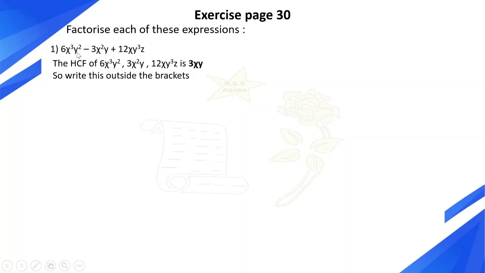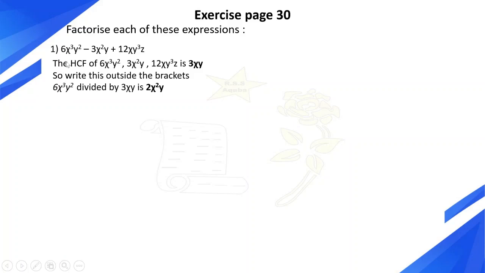And the HCF of y squared and y cubed is y. Why do we choose y? Because it has the lowest power. And z is not in common. So the HCF is 3xy. So write this outside the brackets.